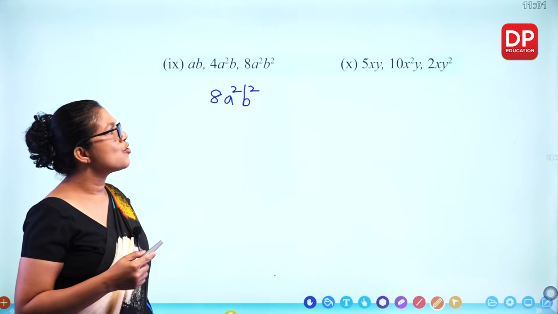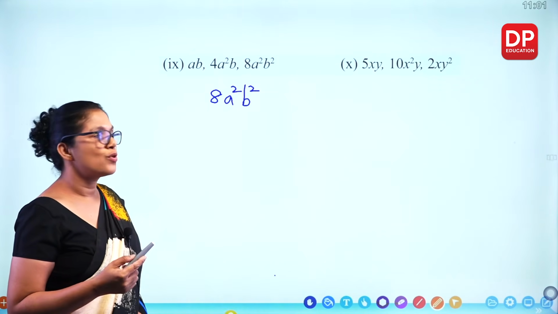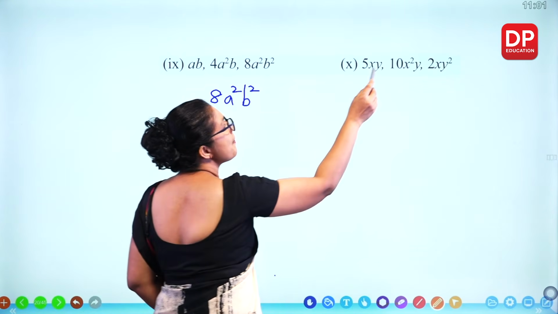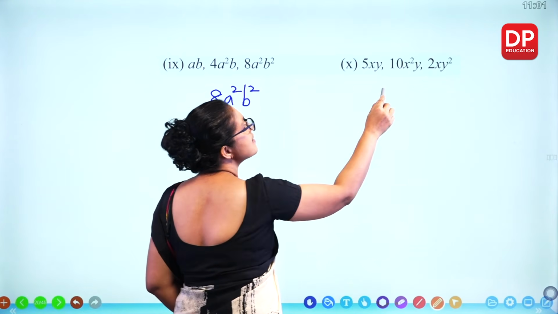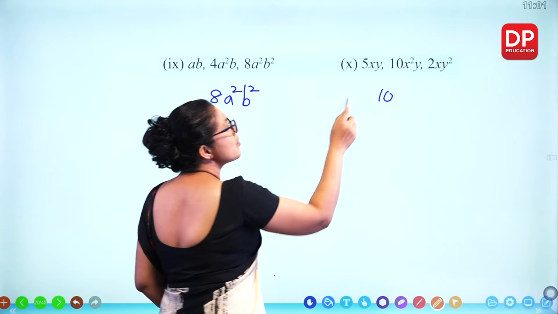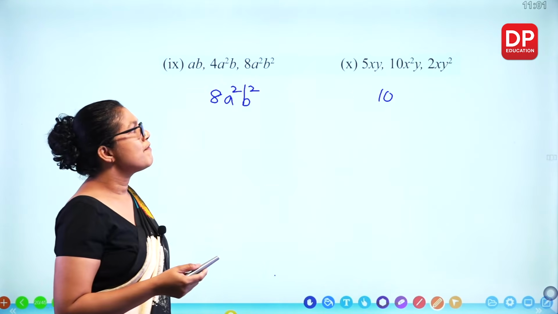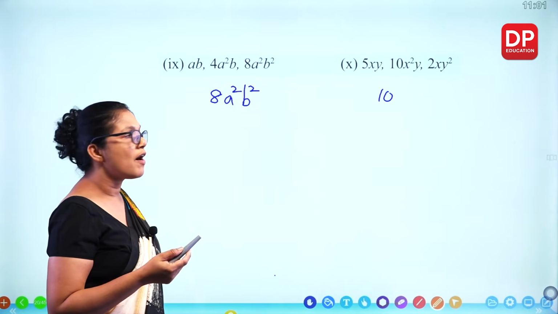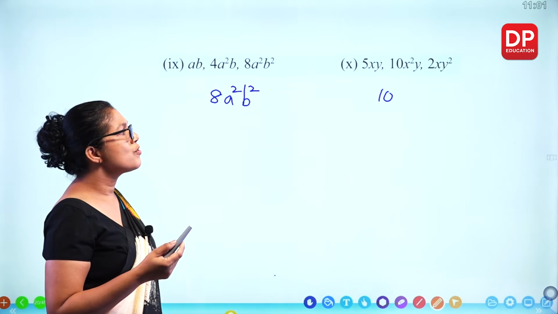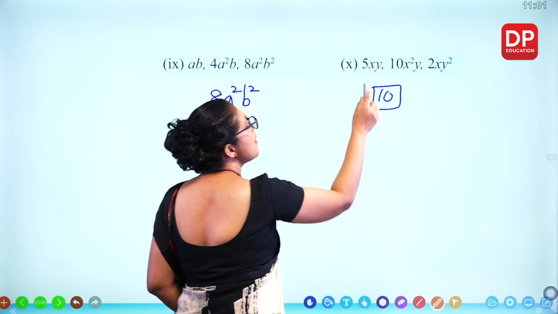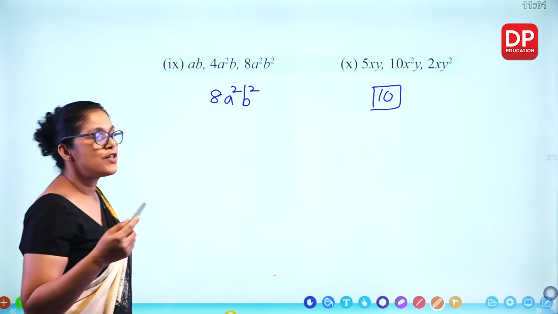Now look at this one. What are the numbers you are getting? 5, 10 and 2. So we'll use our easy method. Take the highest number as the lowest common multiple and check whether you can divide. 10 divided by 5, yes, you get 2. 10 divided by 10, you get 1. And 10 divided by 2, you get 5. So this is the least common multiple of 5, 10 and 2.